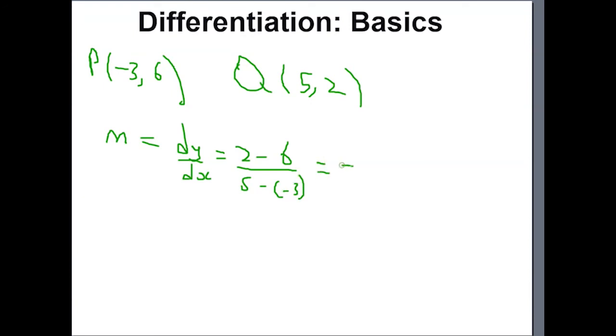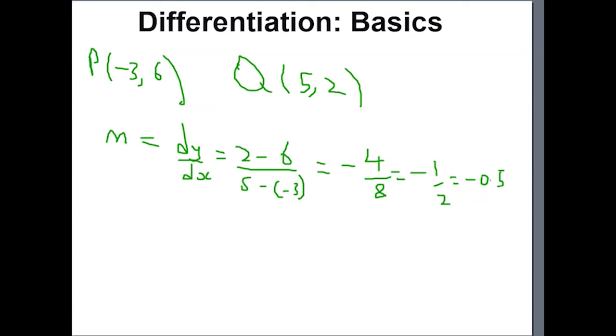So we are going to have minus 4 over 8, which is minus 1 over 2. In decimal, we have minus 0.5. That is how we evaluate the gradient of a straight line.